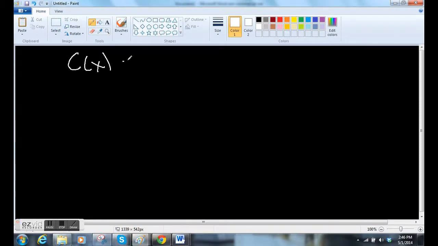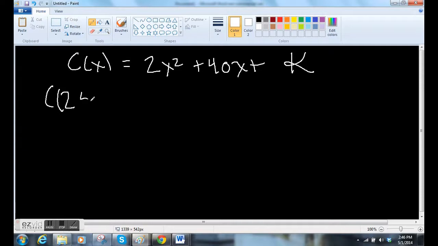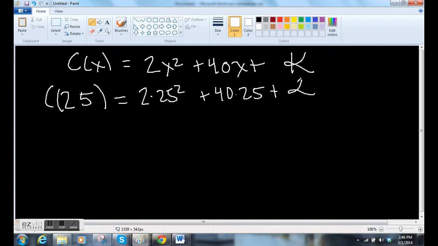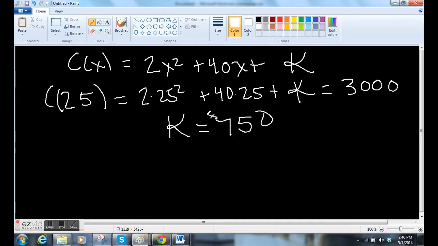So we know the cost function is equal to 2x squared plus 40x plus our constant. And they also told us that the cost of producing 25 items is $3,000, so when you plug in 25, 2 times 25 squared plus 40 times 25 plus our constant equals $3,000. Now we can use this to solve for k. If you solve this out, you should get k equals $750.